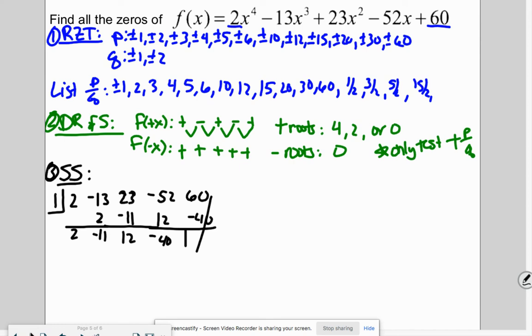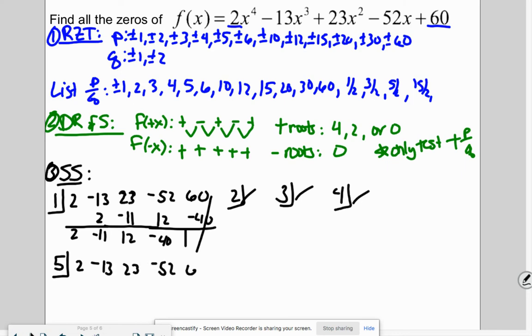Now here's the deal. I'm going to skip the process because you should understand that I went on to 2, didn't work. I went on to 3, didn't work. I went on to 4, didn't work. All right. So just to save ourselves some time, this is what it would look like though. I would show you all that. However, 5: 2, negative 13, 23, negative 52, 60.